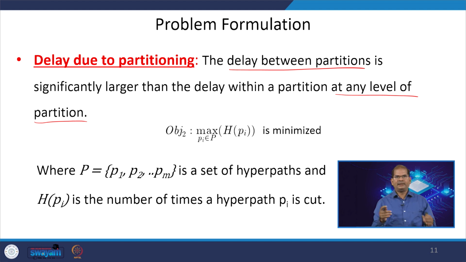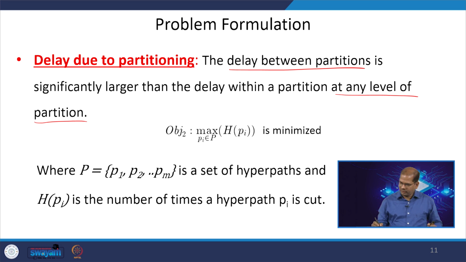Okay. So, what is happening is that signals go from one partition to the other partition, and those critical signal delays should be minimized. If a signal goes through multiple partitions, that should be minimized.